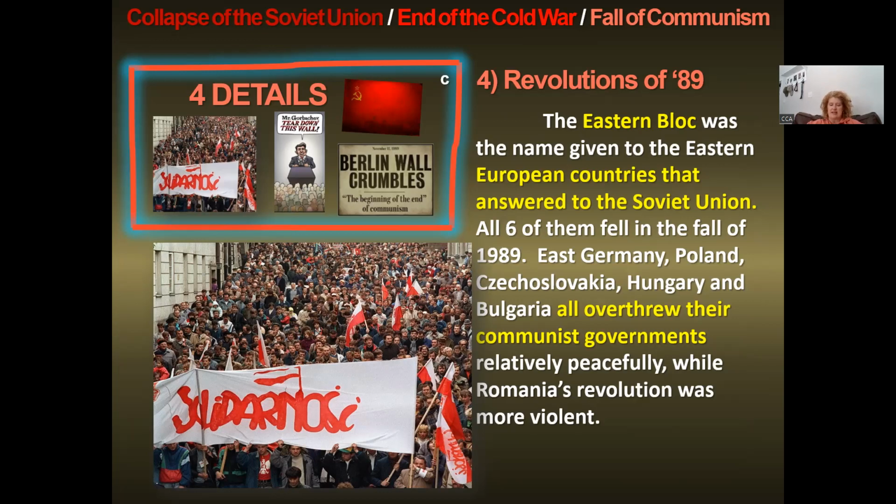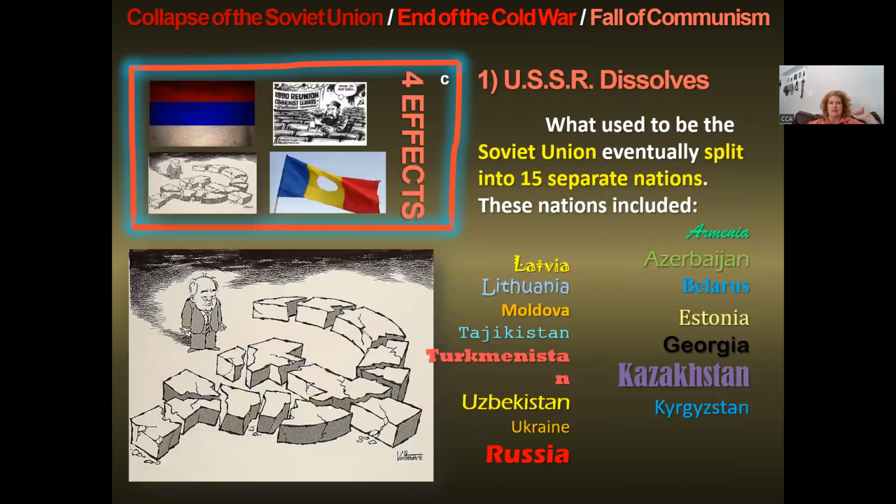He was actually assassinated when Romania revolted against communism. When this happens, the USSR completely dissolves and splits into 15 separate nations that are listed here. I'm not going to say them all. You can read them. So the bottom picture is just Yeltsin looking at the Soviet Union broken into chunks.